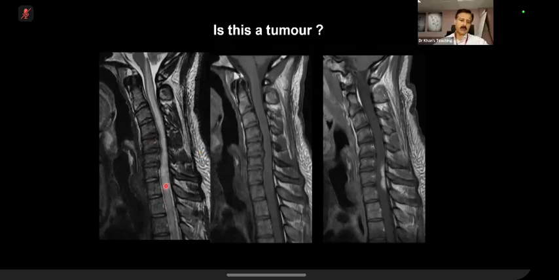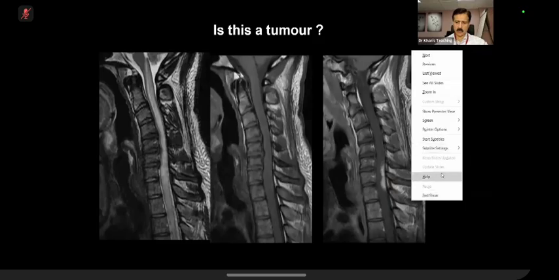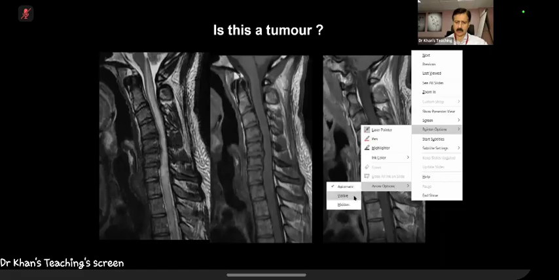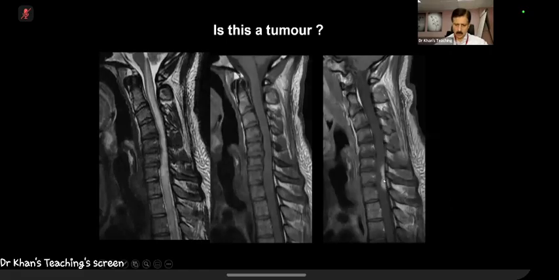The rest of the cord shows this high signal, which means that there might be edema. So if you see here, now look at the fine touch. Let me change my mouse to pointer mode to be able to point more. Now, if you see here, this is enhancing, right? We'll come back to this.